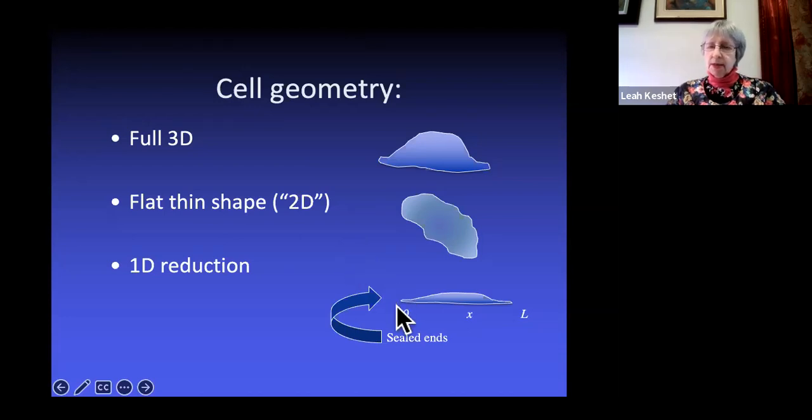When it's in 1D, it's kind of like a diameter of the cell, so the two ends are the ends of the cell, and they would be sealed. So I would use what are called Neumann boundary conditions, because nothing can leak out. Just to be clear what my domain is going to be.